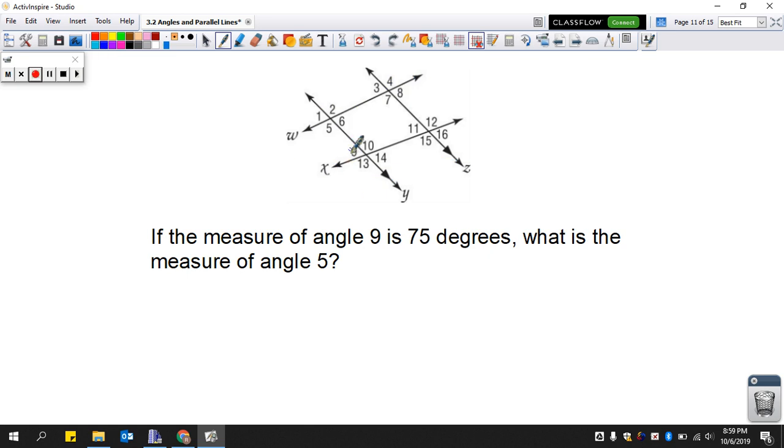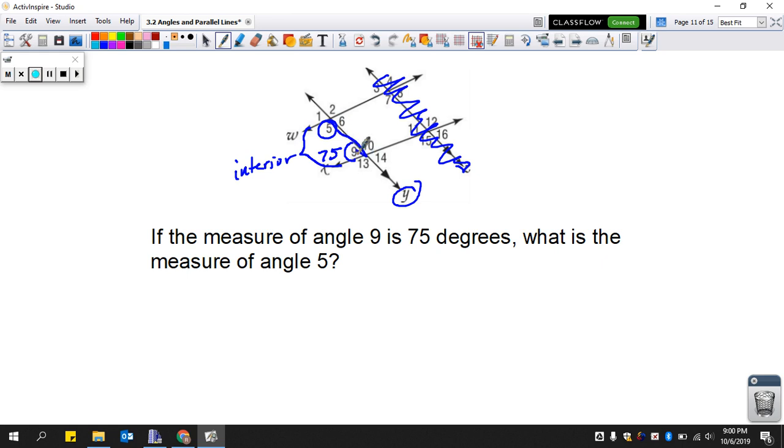If the measure of angle 9 is 75 degrees, which we just found out that it was, what is the measure of angle 5? Well, angle 5 is this one up here. Now, the transversal that we're talking about here is line Y, so we can totally ignore all this mess up here. Now, if we look at angles 5 and 9, they are between the two parallel lines, so that means that they are interior angles.